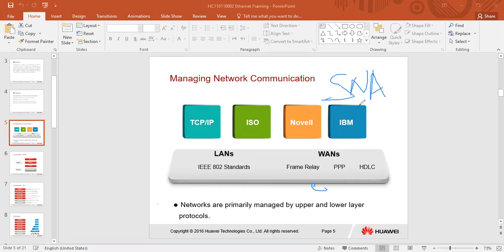These are the types of models: the OSI model, the TCP/IP model, the Novell model, and the IBM model.